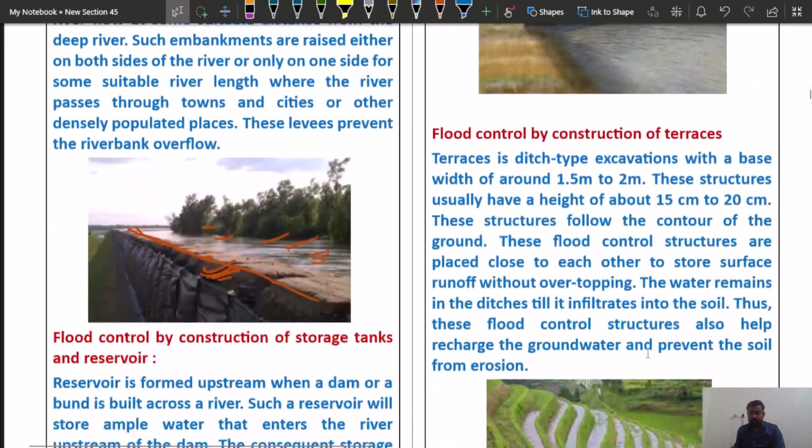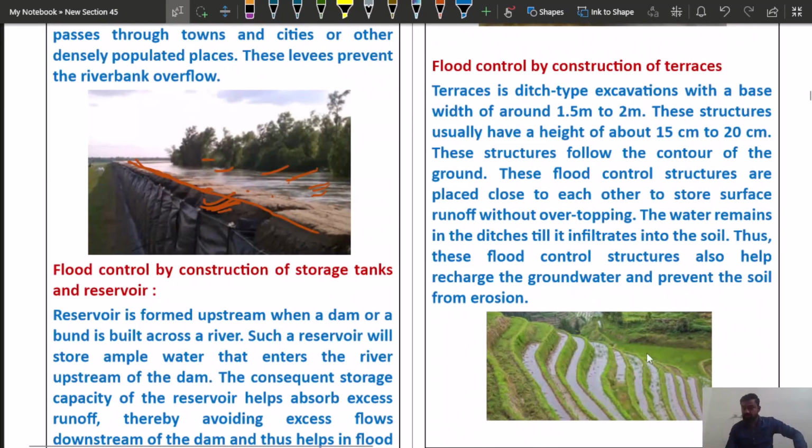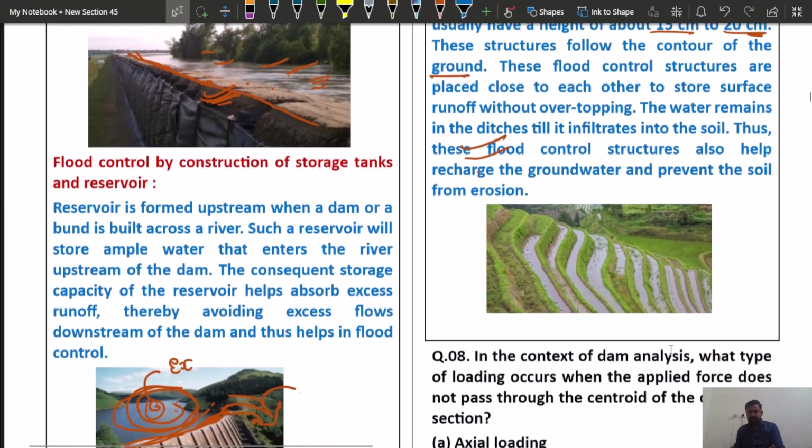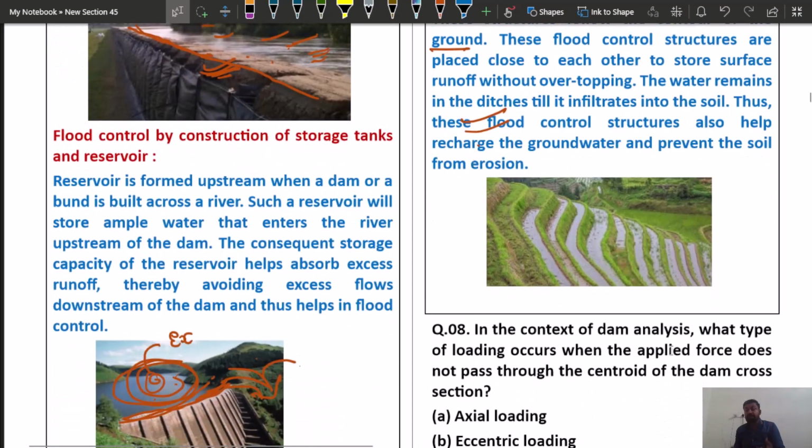Next, flood control by construction of terraces. These are used for areas where there is not too much rainfall. They can be created with a base width of 1.5 m to 2 m. These structures have a height of 15 cm to 20 cm. They follow the ground contour, but it is not a very effective approach to control flood. But in some areas it can control flood where the rainfall is not too intense.